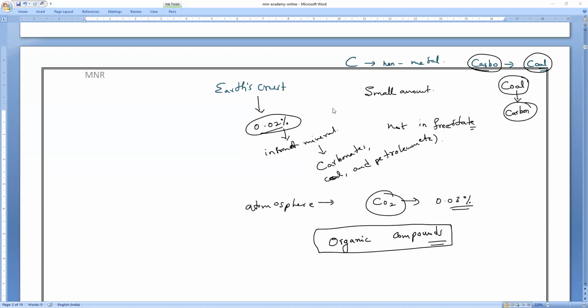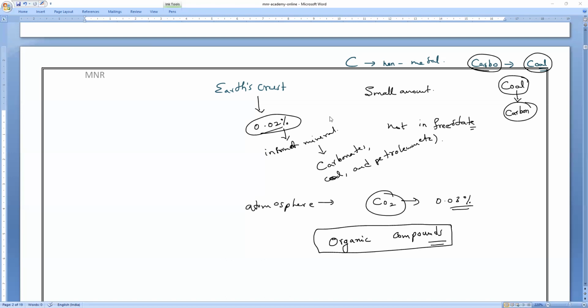Now, when you are writing classwork, paper, you are using a rubber for erasing, a pen, plastic, leather, many medicines, drugs, colors, dyes, all are made up of carbon compounds.